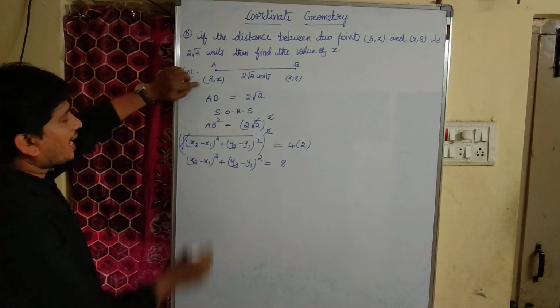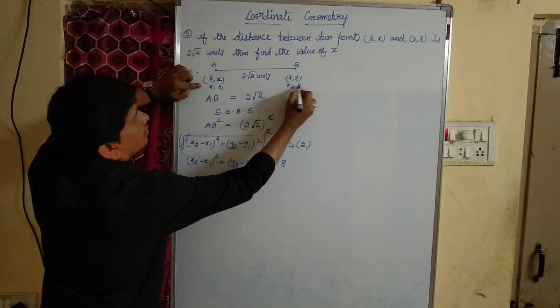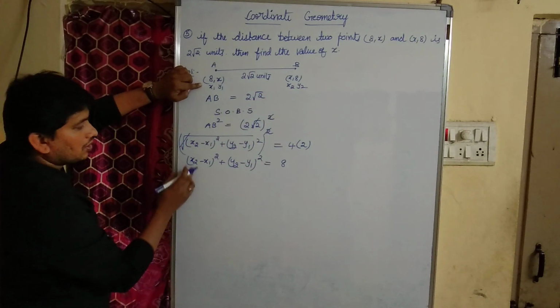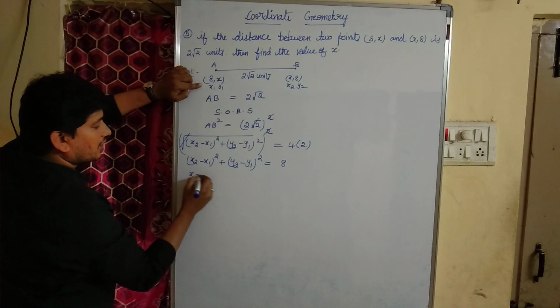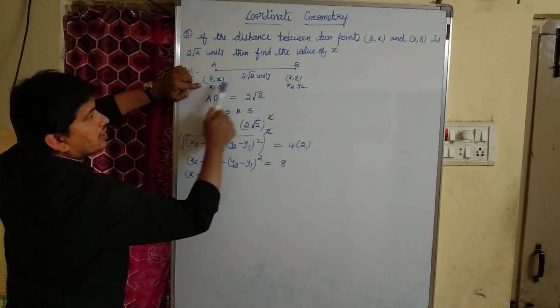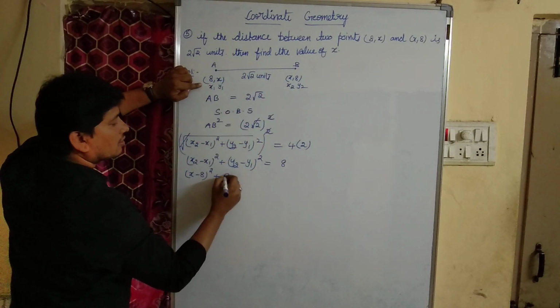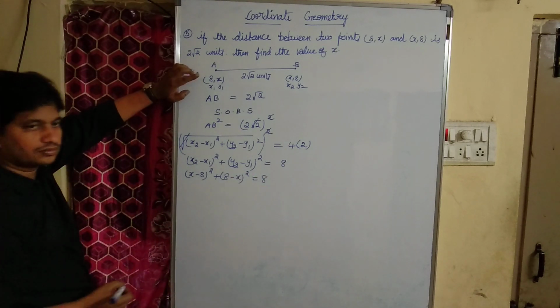As this is our x1, y1, x2, y2: (x2 minus x1) whole square is (x minus 8) whole square, plus (y2 minus y1) whole square, (8 minus x) whole square, equal to 8.